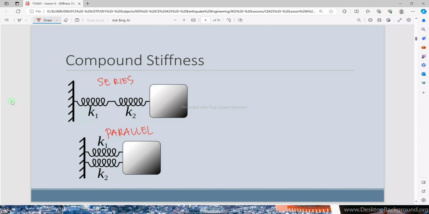Sa series, ang equivalent niya nga K is 1 over K equivalent is equal to 1 over K1 plus 1 over stiffness of the second spring hantod sa pinaka-last na stiffness. Whereas in a parallel springs or stiffness, the equivalent stiffness is just equal to the summation of the stiffness na naa dira.